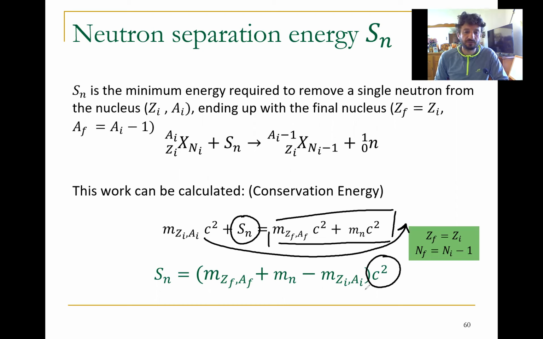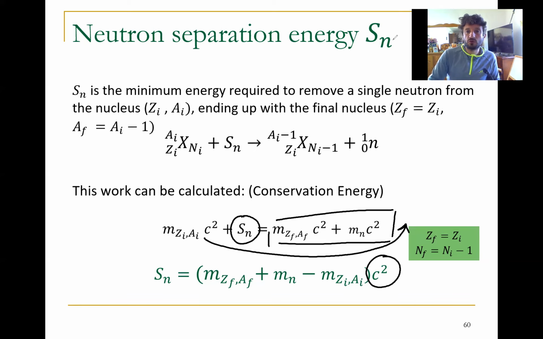This is the general expression of one neutron separation energy Sn. We can say one single neutron separation energy. In general, you have to know this expression. I don't give you this, you have to know it.